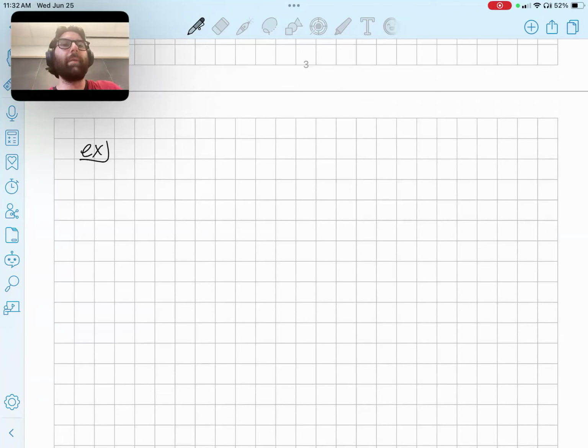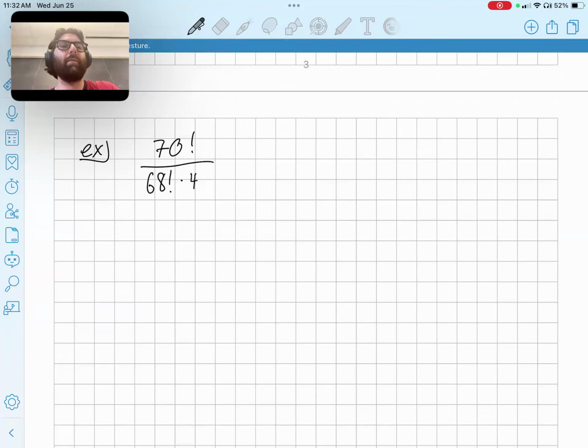So let's do 70 factorial divided by 68 factorial times 4 factorial.